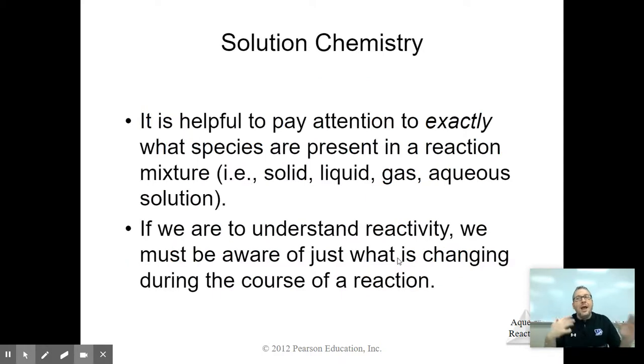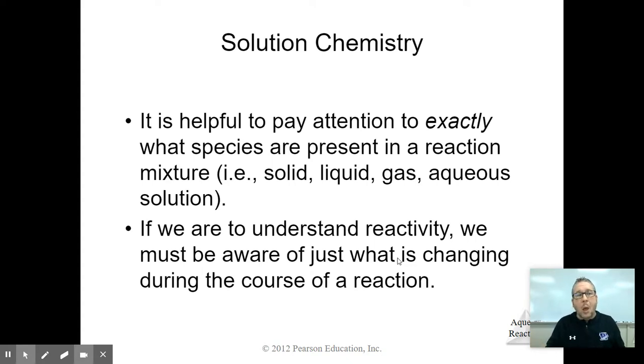So when we do these types of reactions, I said way back in chapter 2 that at that point we're not going to have to worry about whether something's a solid, a gas, aqueous, liquid, or anything like that. Again, there is a difference between aqueous and liquid, right? And I said we're going to have to in the not so distant future. Well, that not so distant future is right now.